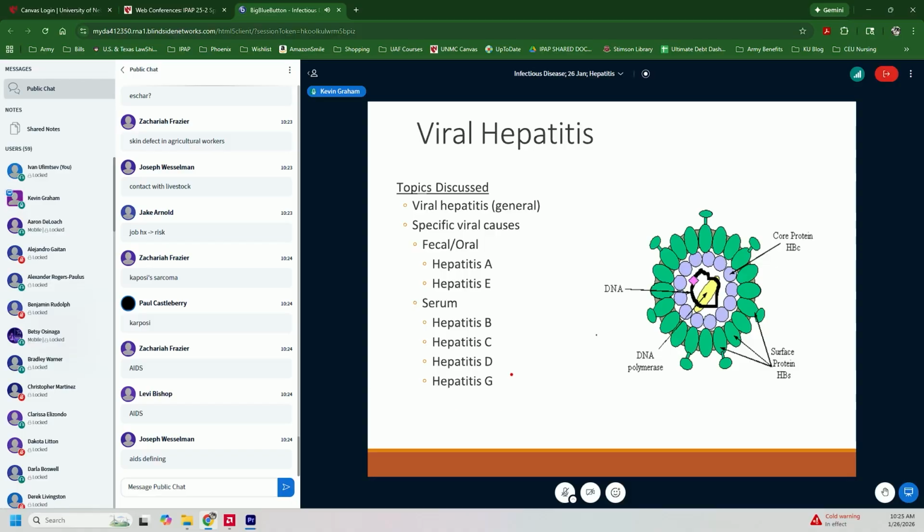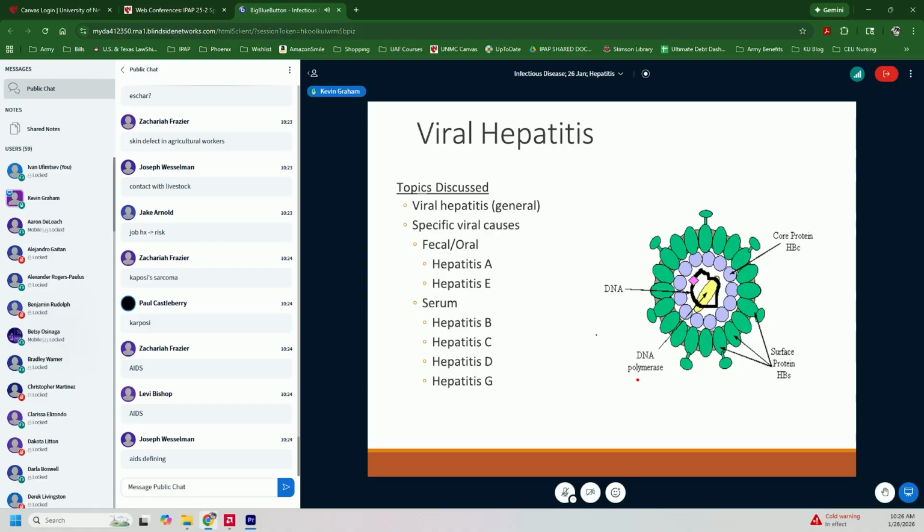And then there used to be this thing called hepatitis G. It's no longer a thing, and they found out it doesn't actually affect the hepatitis. Not positive why it's stayed in our curriculum. We will focus on hepatitis A and E, that fecal oral route, and then the serum hepatitis B, C, and D.